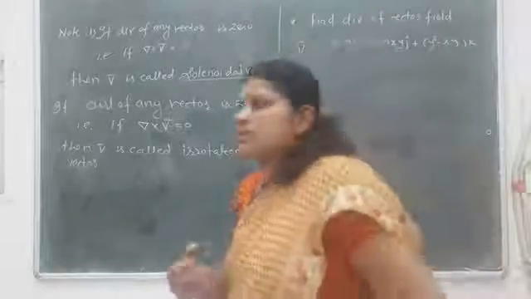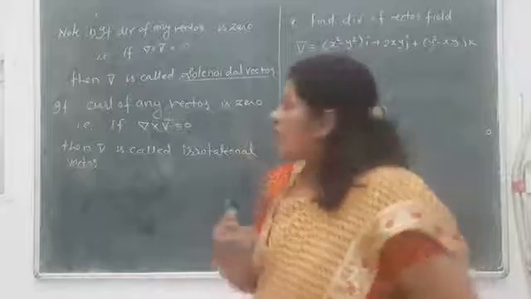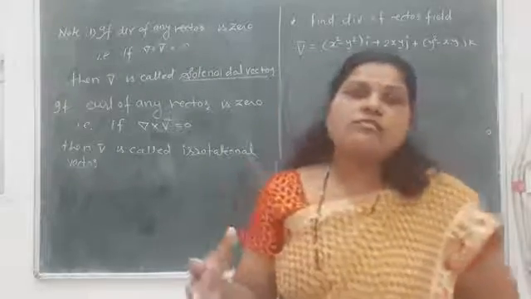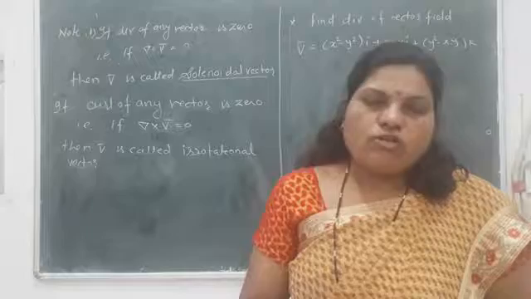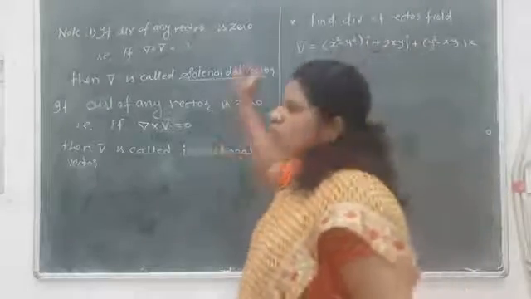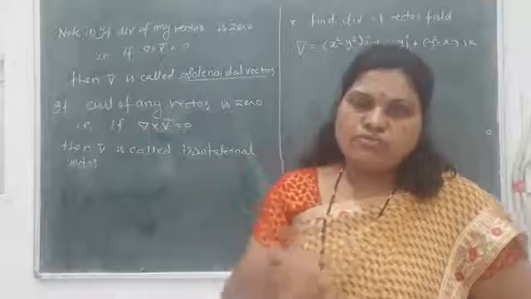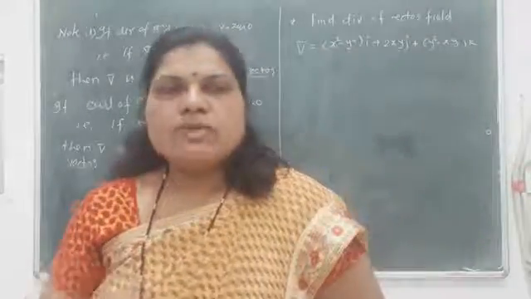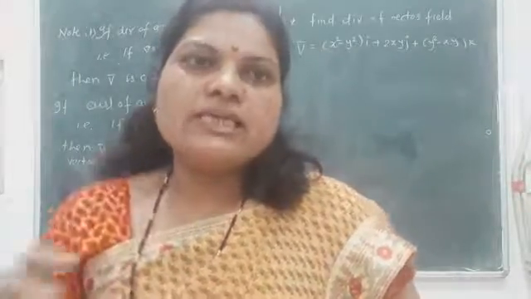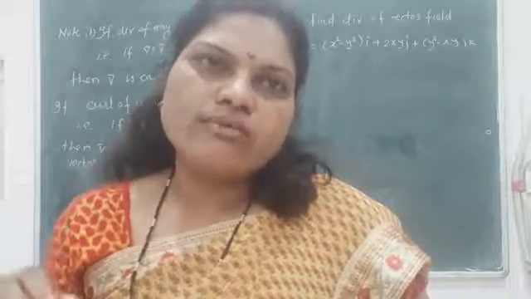But if there is no divergence to that water, then it becomes solenoidal. It means the fluid flows in one particular direction, and there is no other divergence to that vector. So in that case it is zero.